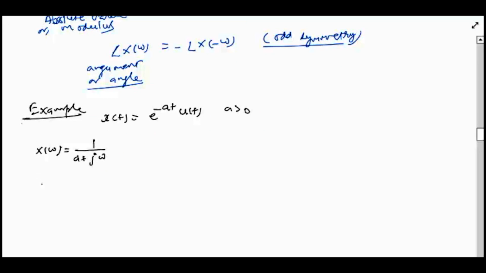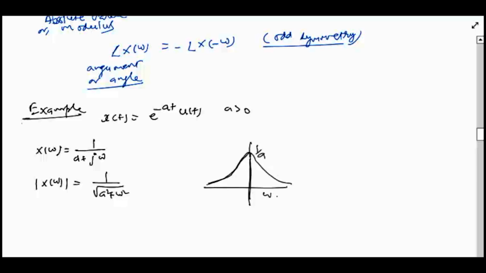The absolute value of X(omega) in this case is 1 over root a square plus omega square, which is plotted, looks as follows. Peak value is 1 over a, so here is omega and this is modulus of X(omega).